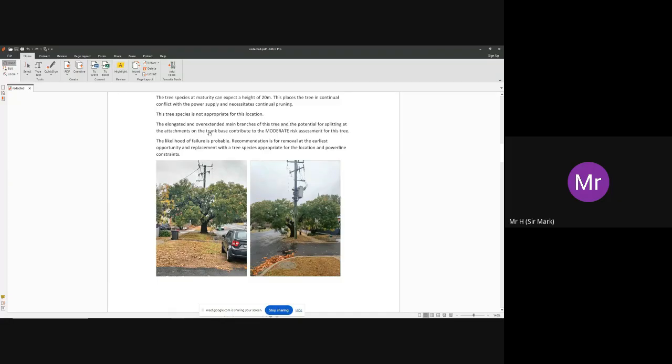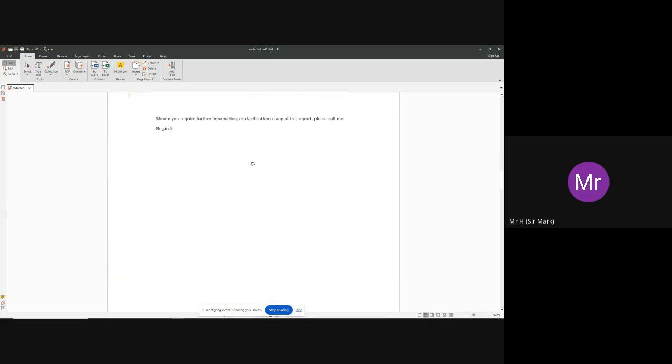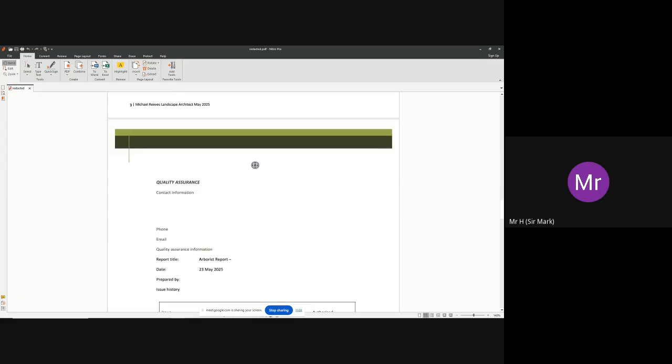In other words, he's got the length of the branches and them failing, like the images you just showed us, Niels. They give us a moderate risk assessment. Okay, and that's where he's come to, and I'll show you his input sheets.